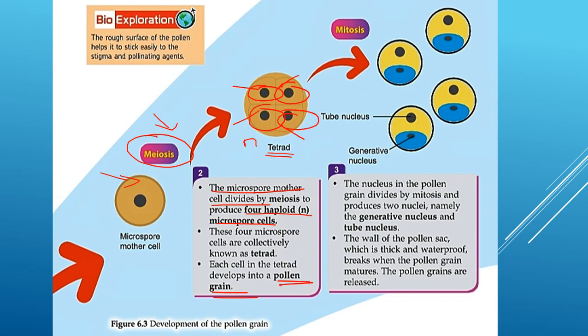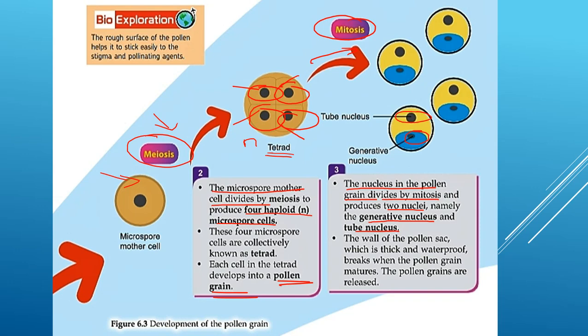Now, the nucleus in the pollen grain will divide by mitosis and produce 2 nuclei: the generative nucleus and the tube nucleus. So this is the tube nucleus, this is the generative nucleus.